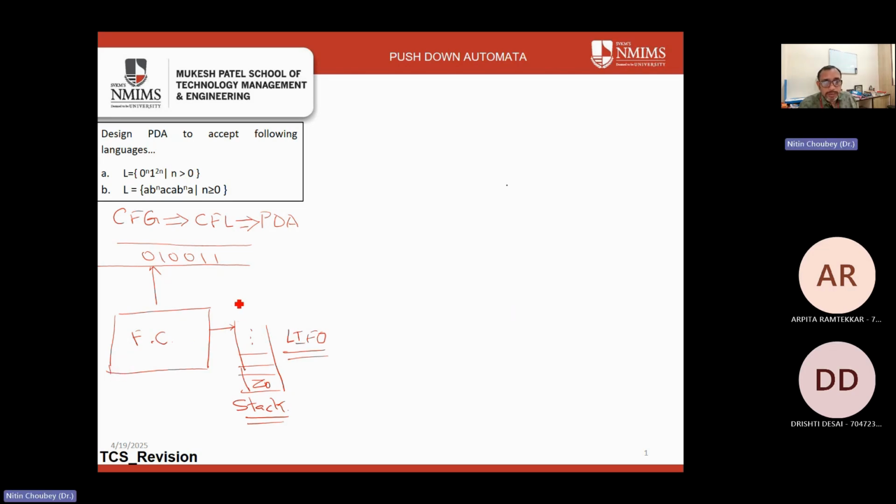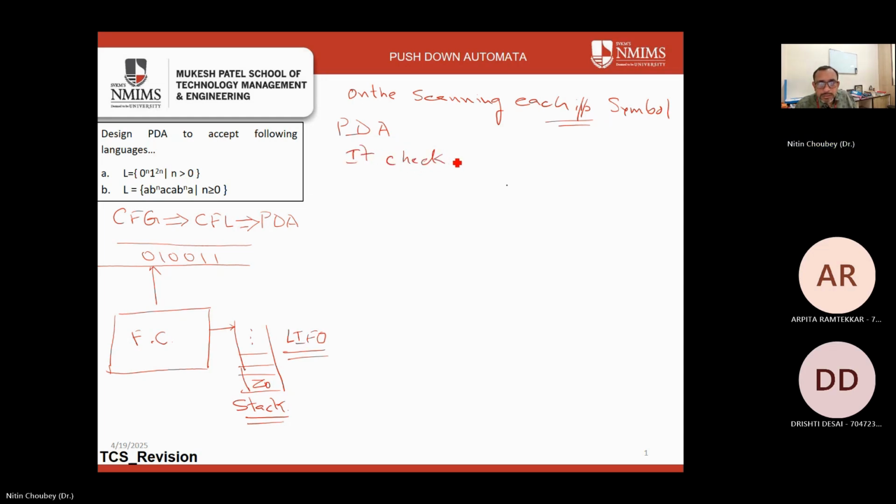So at any moment of time, when we talk in terms of the working of push-down automata, on the scanning of each input symbol, PDA doesn't scan only the input symbol, rather it checks the input symbol and the stack top, these two symbols.